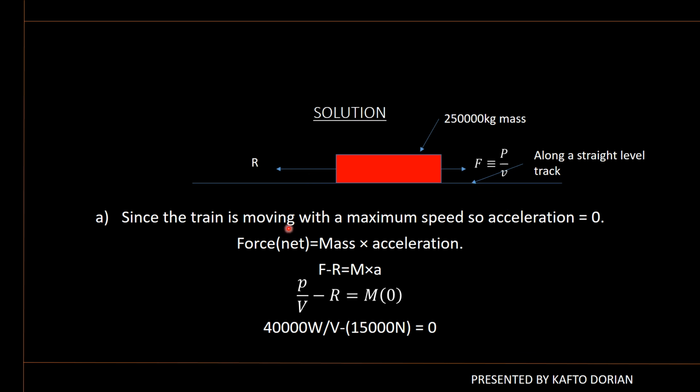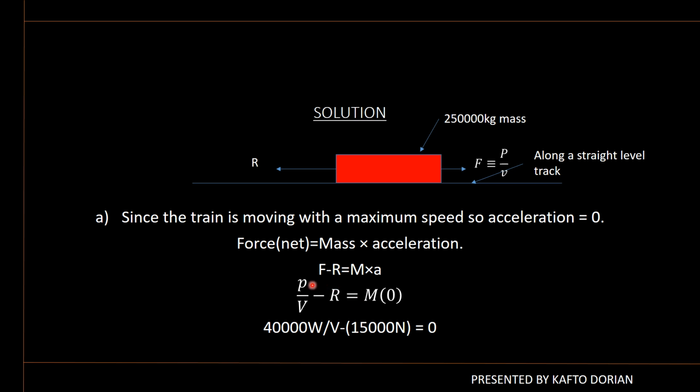So since the train is moving with the maximum speed, the acceleration is equal to 0. So the net force is equal to the mass times acceleration. The net force here is the force minus the resistance equals mass times acceleration.